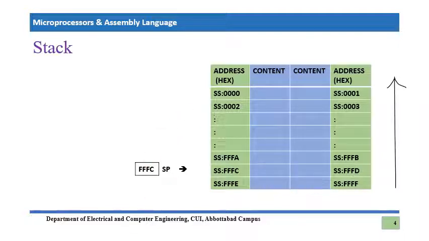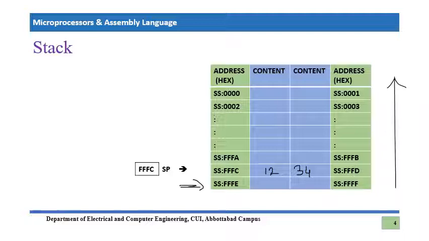these 2 locations are never used, rather whatever information we are going to store, it will be stored here, 1 2 3 4 hacks. Earlier the pointer was here, but that was also the start of the stake. What happened now, we have stored an information which is 1 2 3 4 hacks here, and the pointer is pointing to this location.